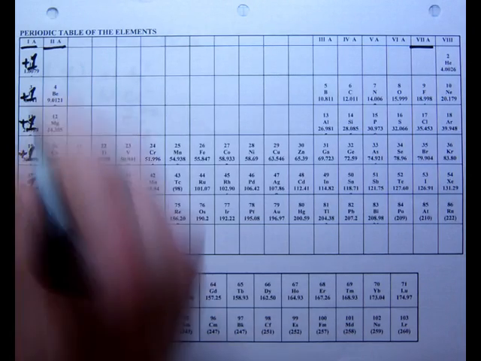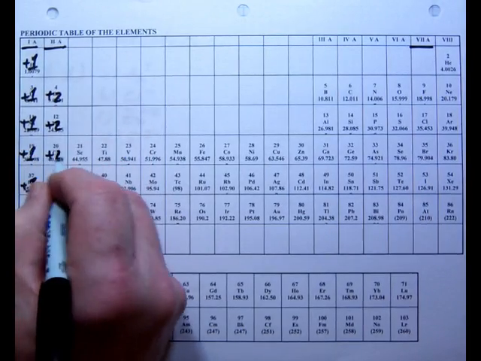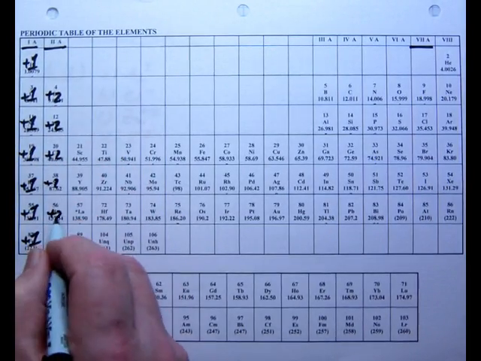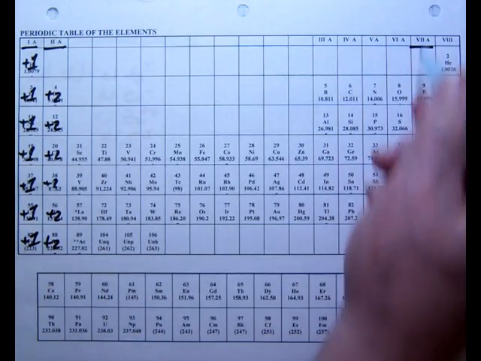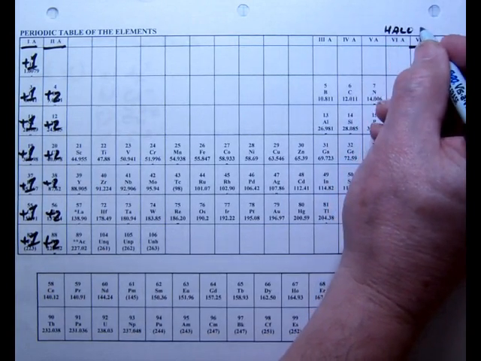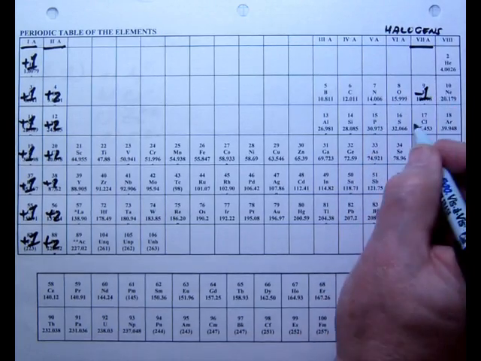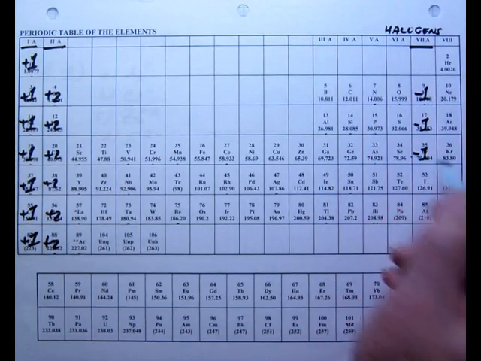The others are group 2, +2, and group 7. Don't forget that that's halogens. And these are all -1s.